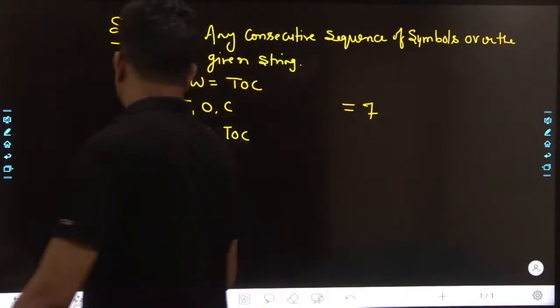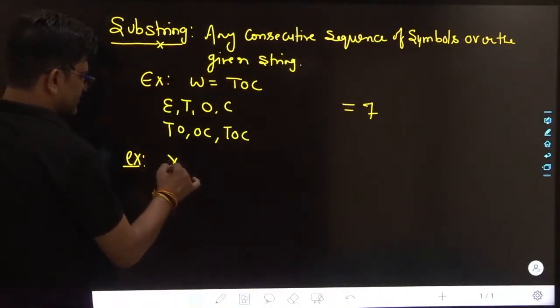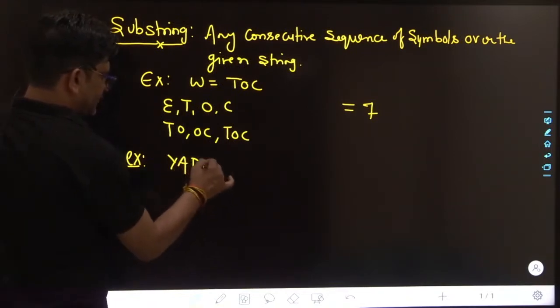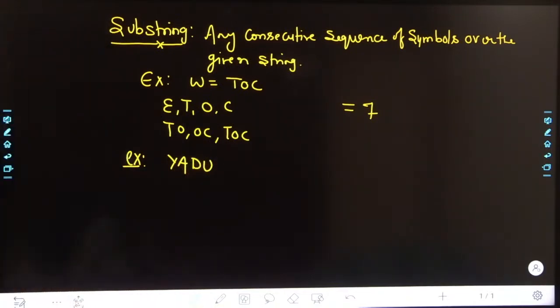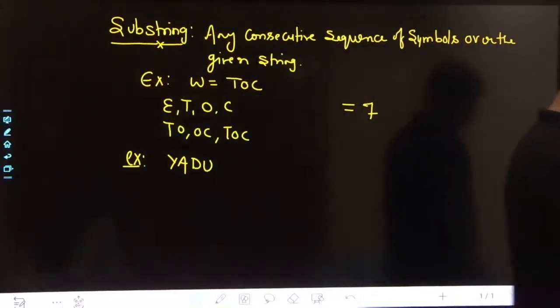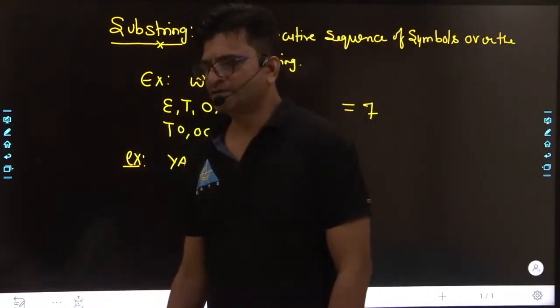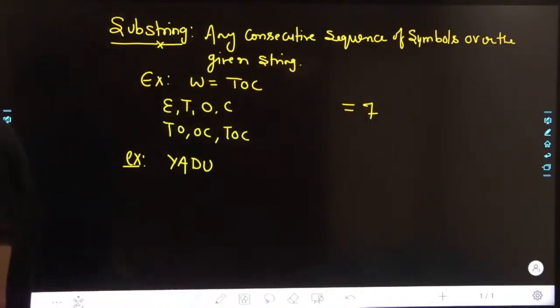So next example, find out the number of substrings for given string Yadu.